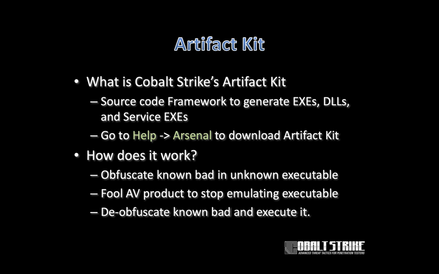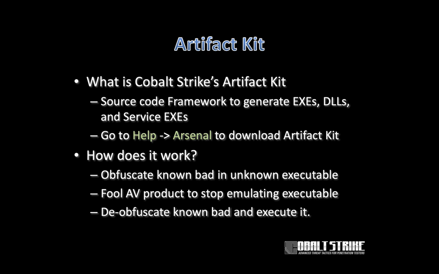So what is the Artifact Kit? The Artifact Kit is a source code framework to generate executables, DLLs, and service executables that can potentially bypass some types of antivirus technologies. The Artifact Kit builds on a contract that is available via Cobalt Strike's Aggressor Script.